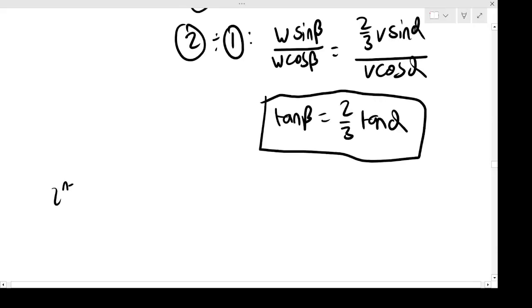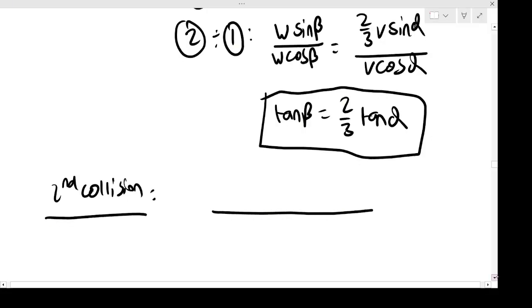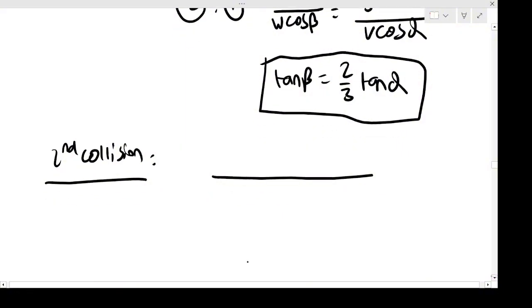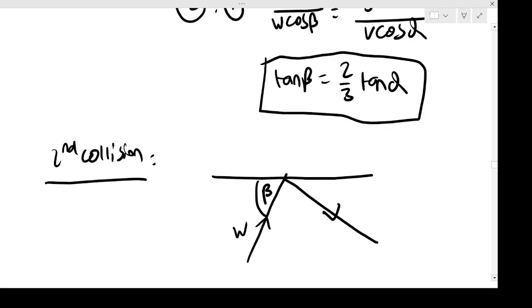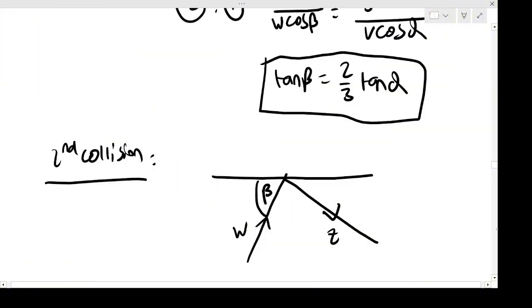So then, if I do my second collision, it's going to approach the vertical wall like this. It approaches here with speed W with an angle beta, which we just discussed, then rebounds with a speed Z. Are we told the angle? Yes, we know the angle is a half alpha.